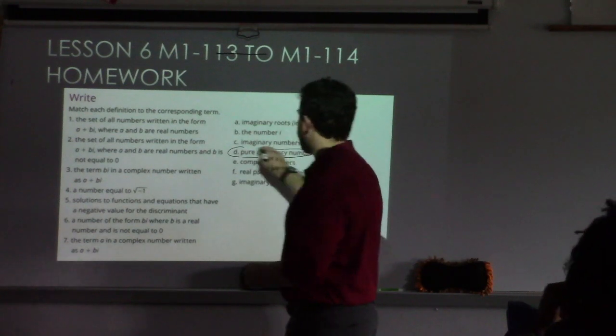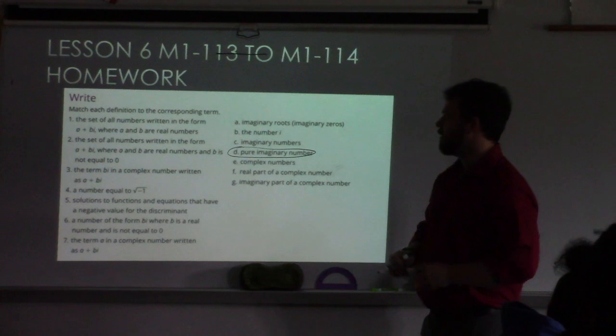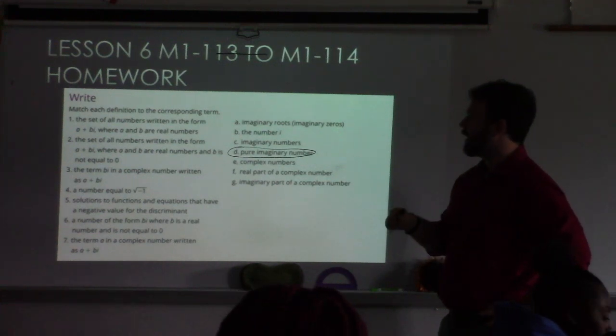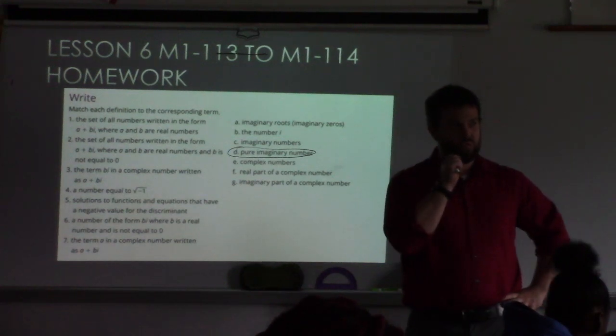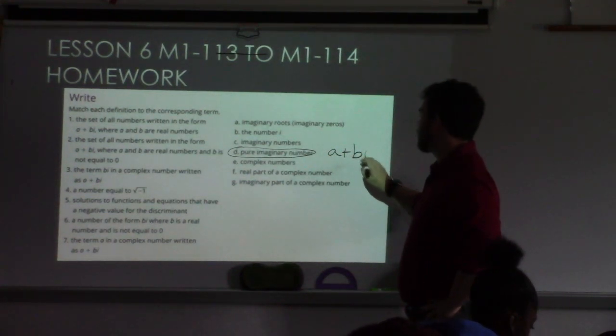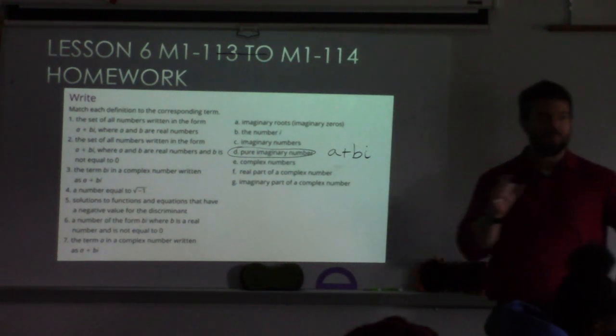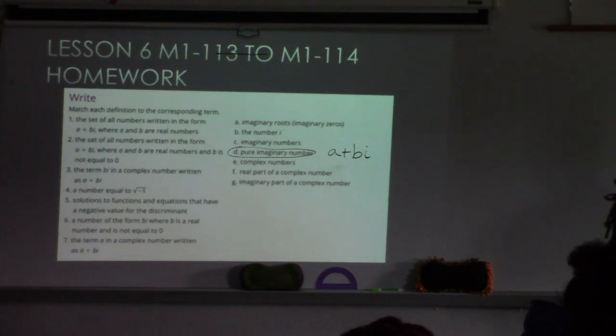So, remember, what is a complex number? How do we write a complex number? A plus bi. That is a complex number, and that is literally the beginning of lesson 6.